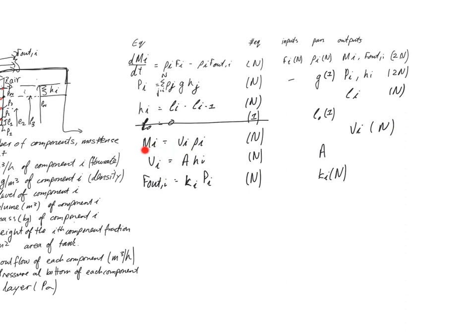So we've got Mi, we've got Vi tracking, yes, Vi, the H is already there, F out is already there, Ki is here, so those are tracking. Pi is already there. Okay, cool.